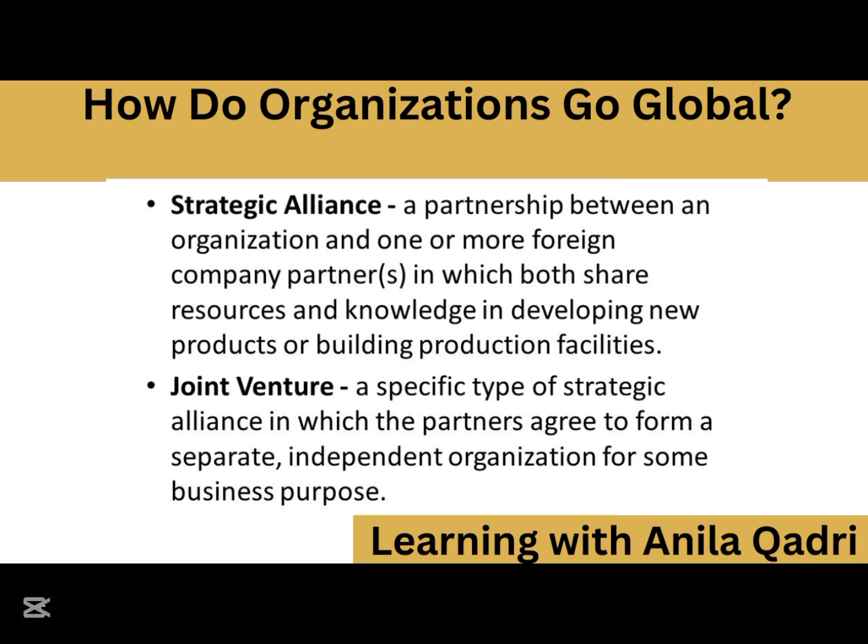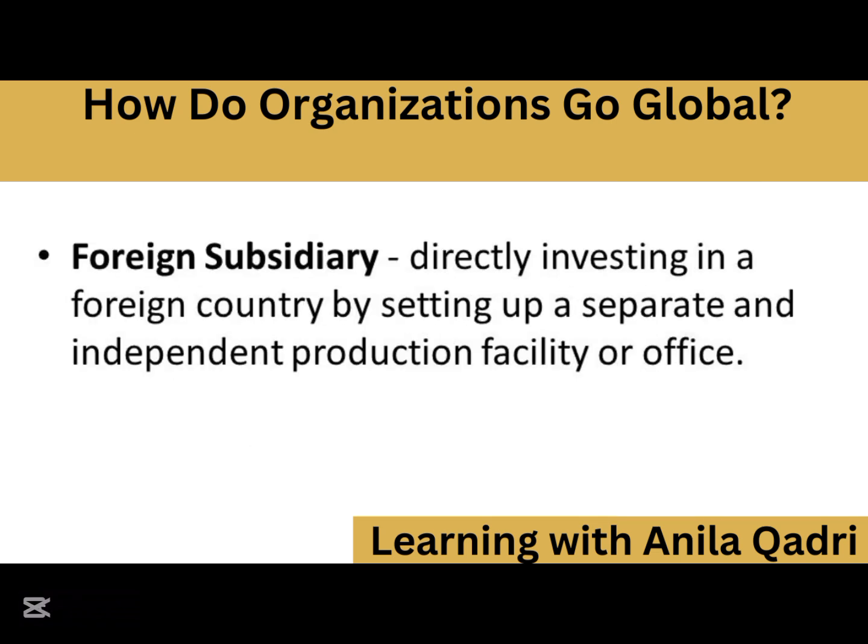Joint venture, a specific type of strategic alliance in which the partners agree to form a separate, independent organization for some business purpose. Foreign subsidiary, directly investing in a foreign country by setting up a separate and independent production facility or office.